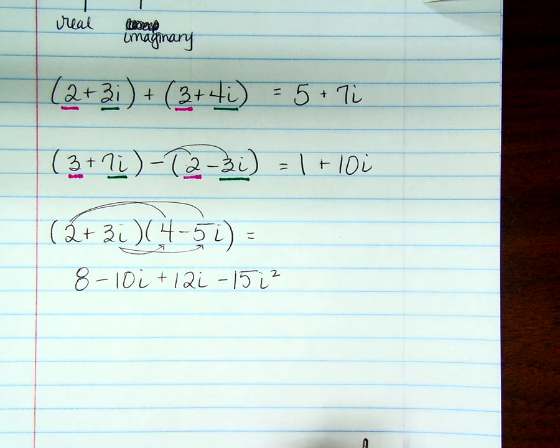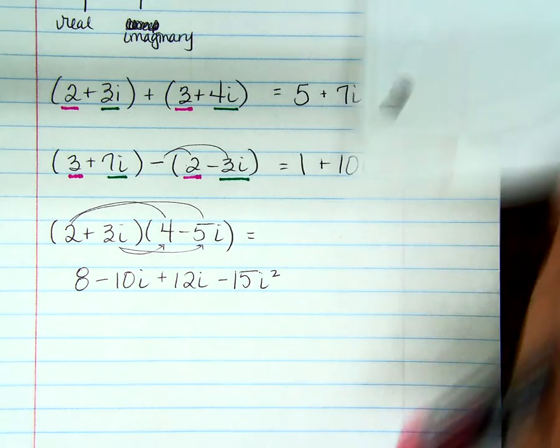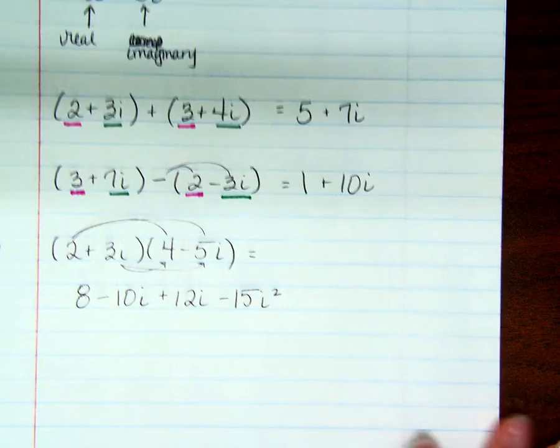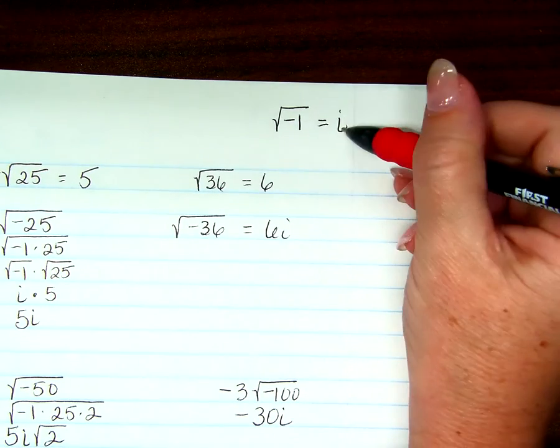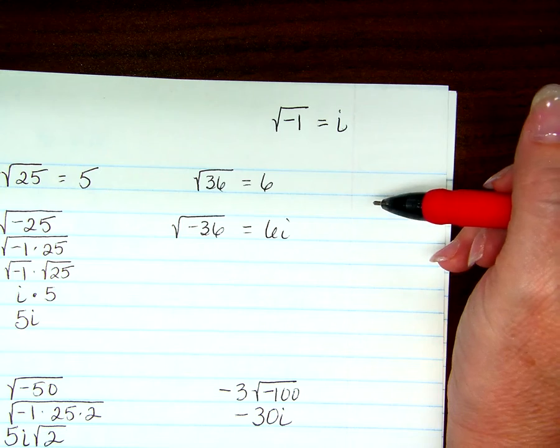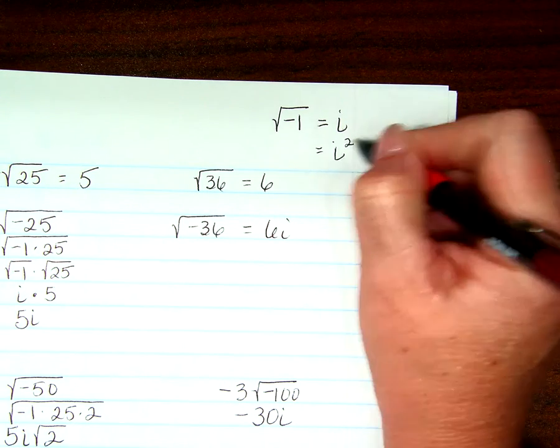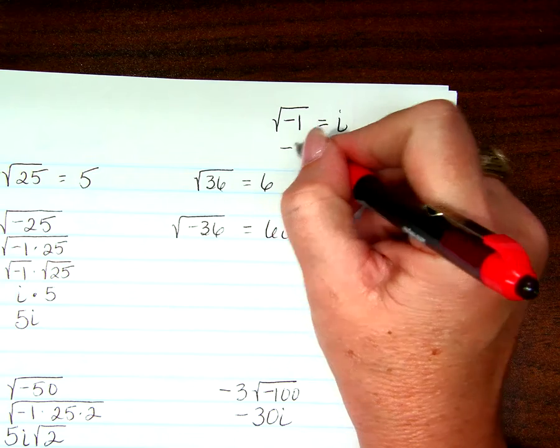So this comes to our second main thing of the day. Our first main thing of the day was that i equals the square root of negative 1. Well, can't I find i squared? Couldn't I just square both sides? Yeah, it sure is.